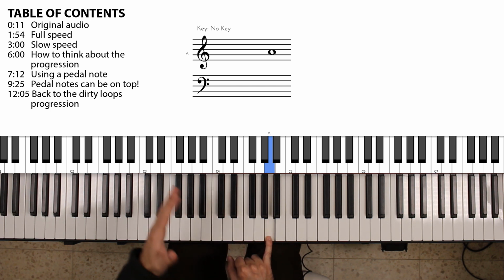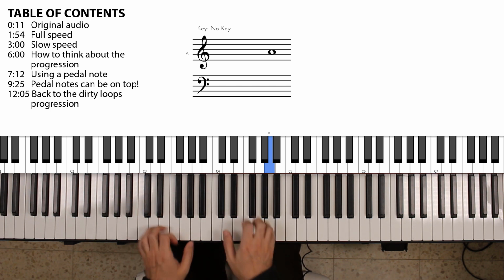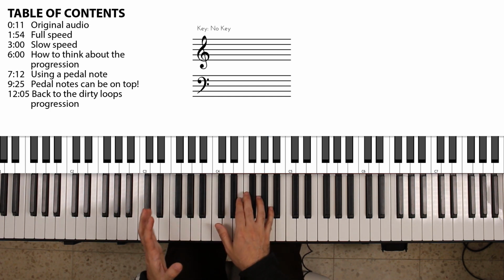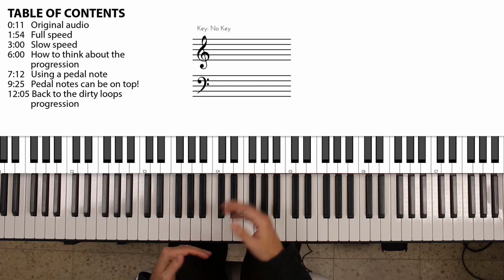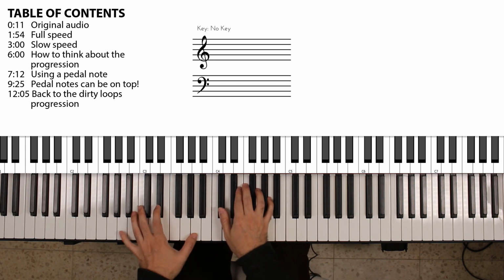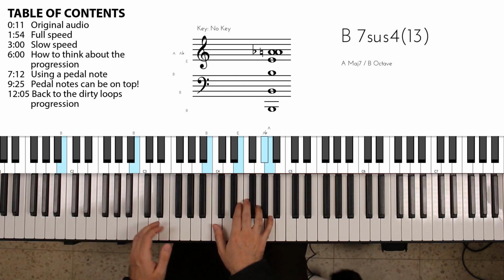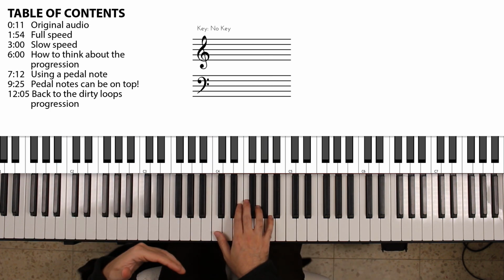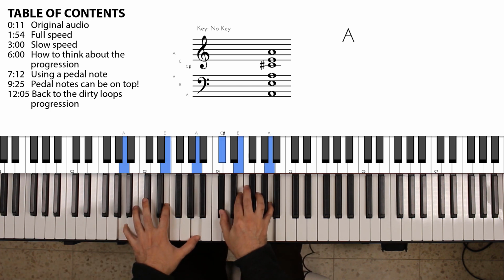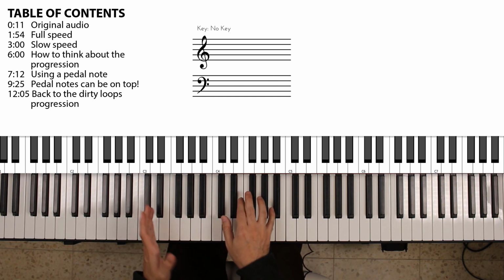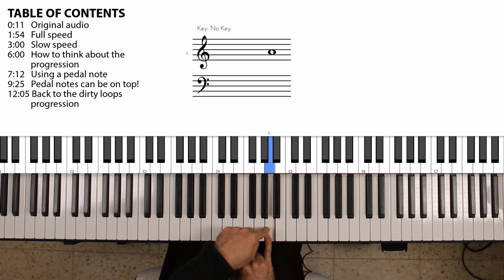If you go back and have a listen, you'll notice it. So for example, in the sort of third part of his chord progression, he had this succession of chords that only works because he keeps this A note up here.